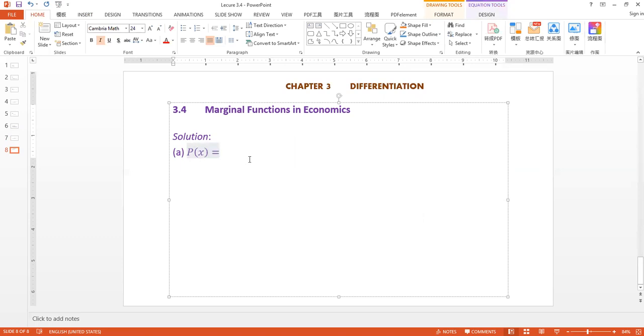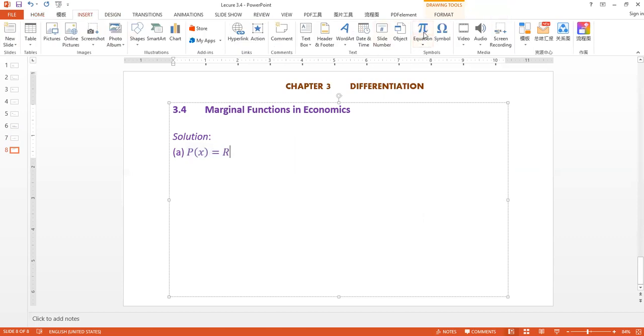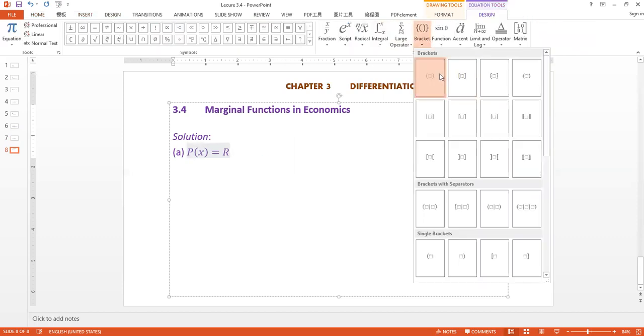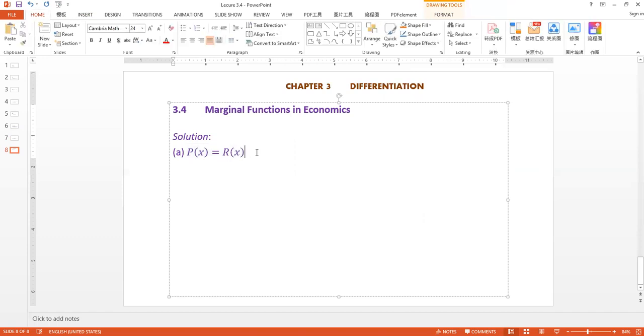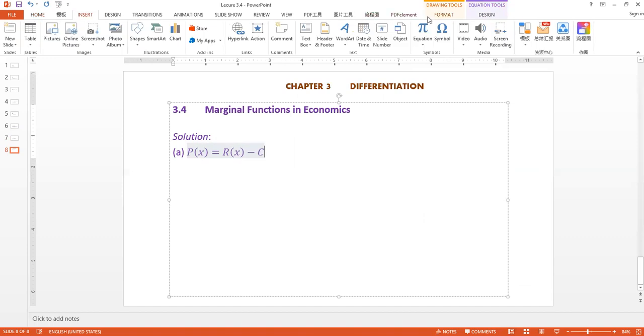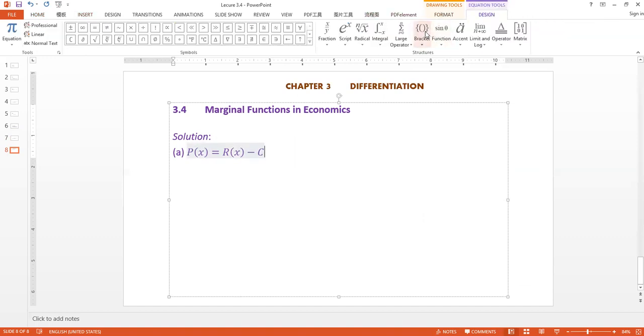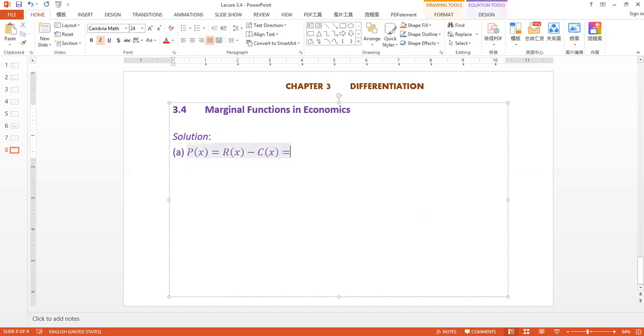As I said, that's the difference of the revenue and the total cost. The revenue is just the unit price p times the sales x.